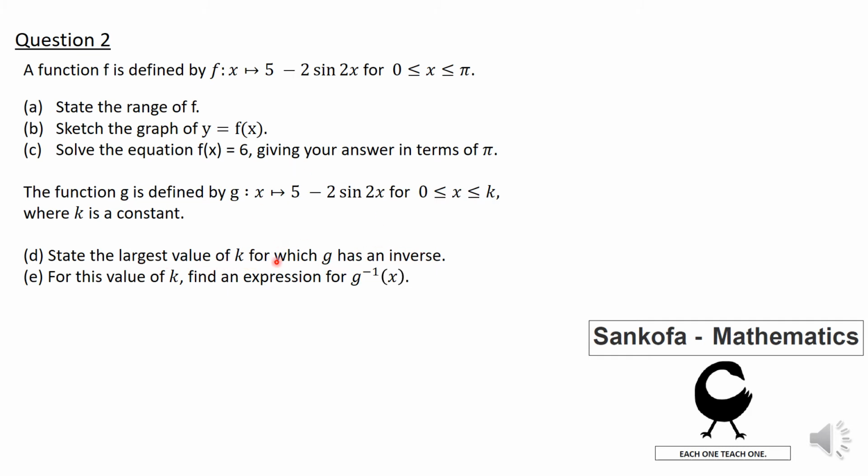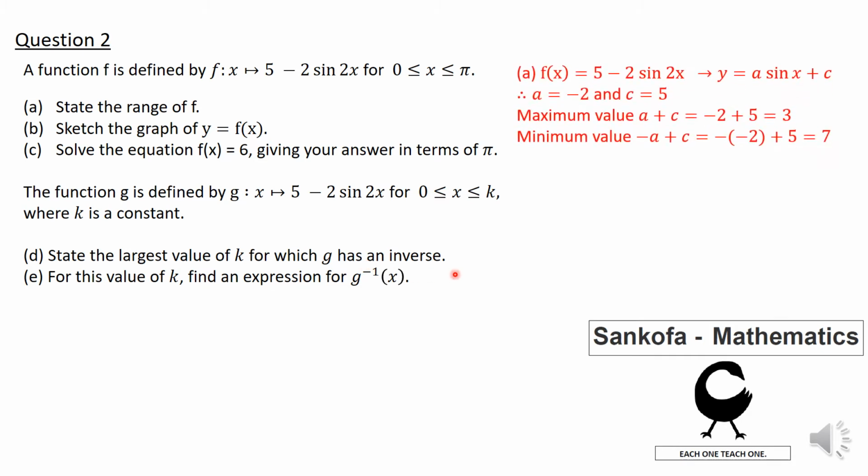And this one is quite interesting because you can only do this one if you have the sketch from part B, because once you have that sketch, you will do what we call horizontal line tests, and those horizontal line tests will determine whether the inverse will be a one-to-one function or a many-to-one function. And remember, the inverse needs to be a one-to-one function, so you will have to see where you can draw your line until you can find that particular constant. And then for that particular constant, you're supposed to find an expression for the inverse of g.